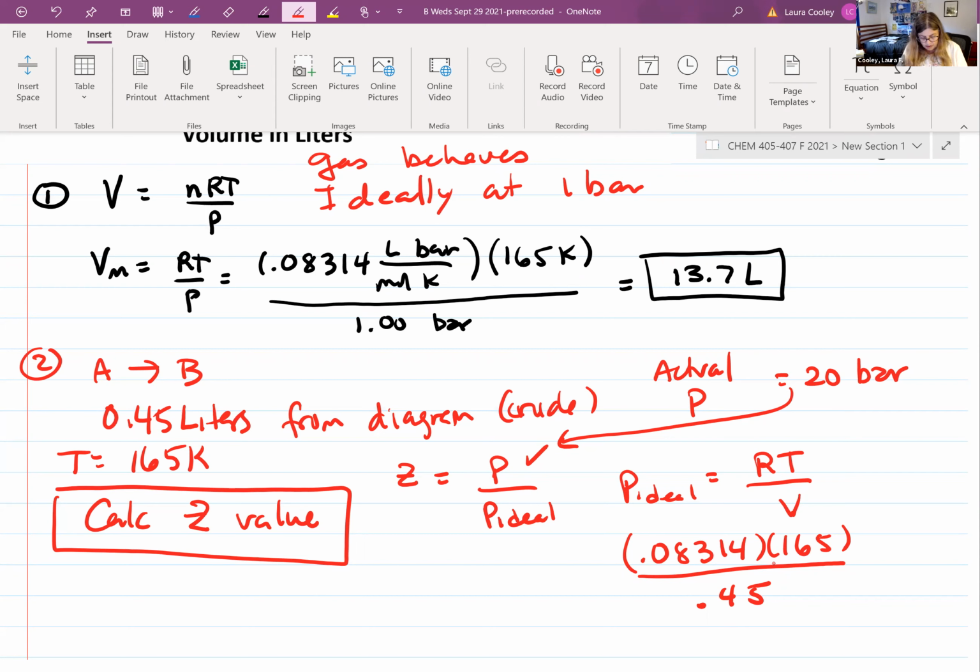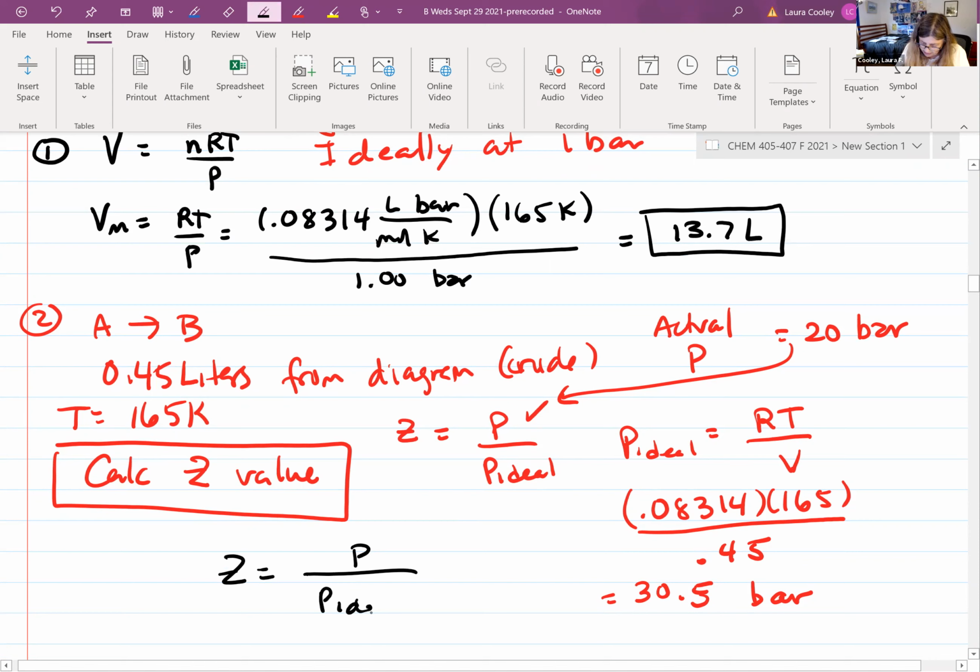And it's 30.5 bar. So if we formulate our Z value as P divided by P ideal, that's 20 bar over 30.5 bar. You can see that number is well under 1. It's 0.66.